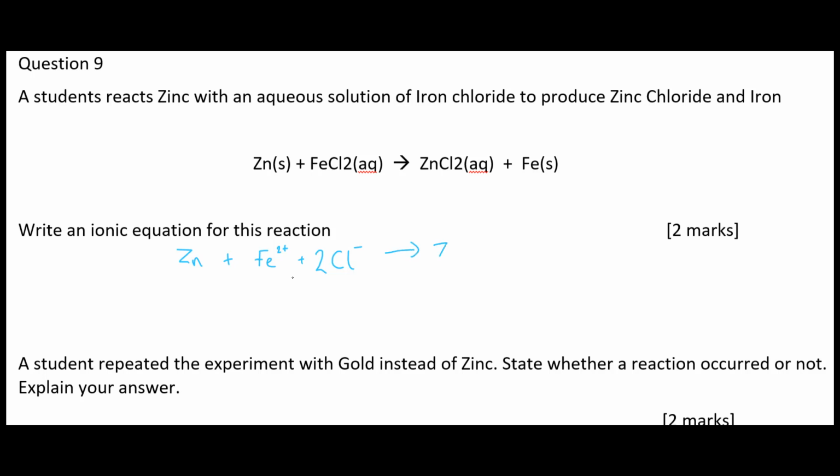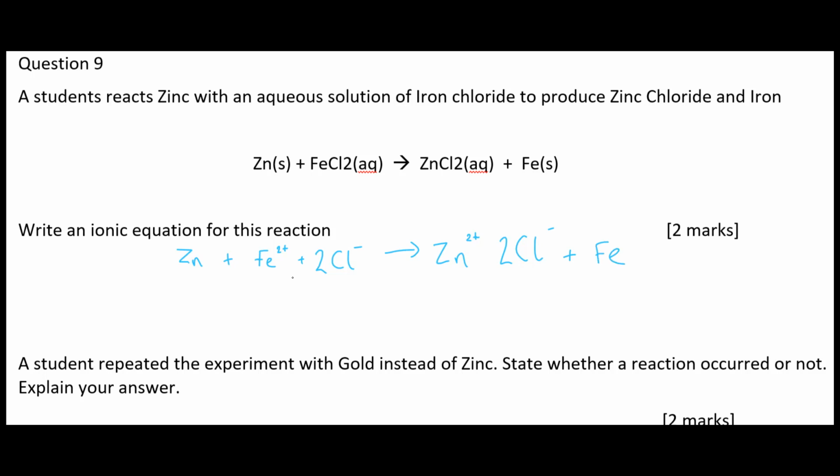And that forms zinc chloride. Remember, chloride has a negative charge, and our zinc again must have a 2+ charge to cancel out the 2 negative charges over here. And that would be plus Fe.